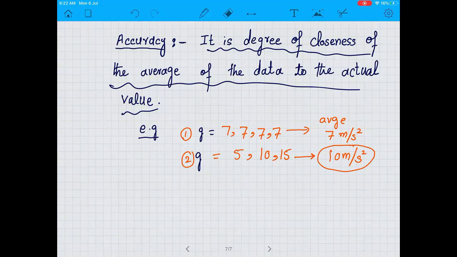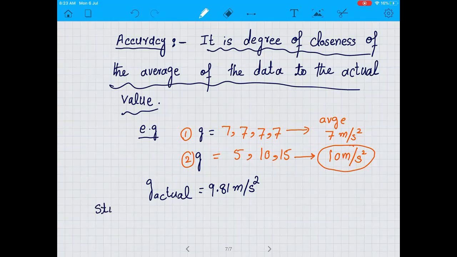Now you know that the actual value of G on the surface of Earth is accepted to be 9.81 meter per second square. The average of student number 1 is away from the actual value, while the average of student number 2 is close to the actual value. Hence, we can say that student number 2 is more accurate.